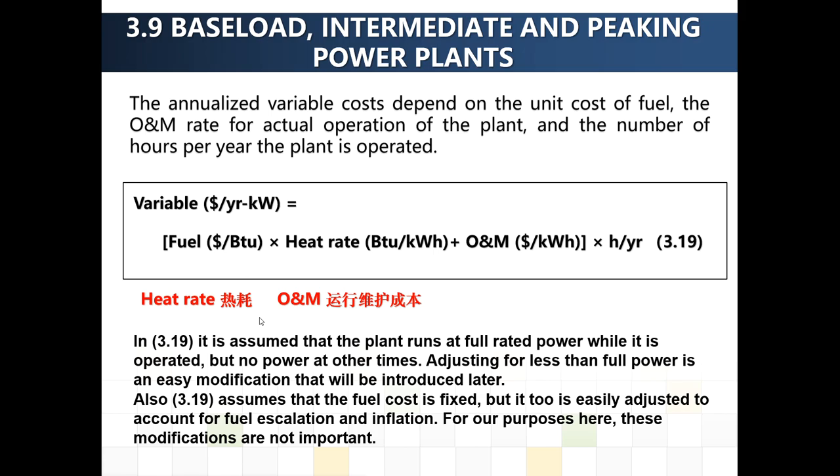The variable cost depends on the unit cost of fuel, the operation and maintenance cost for actual operation of the plant, and the number of hours per year the plant is operated.